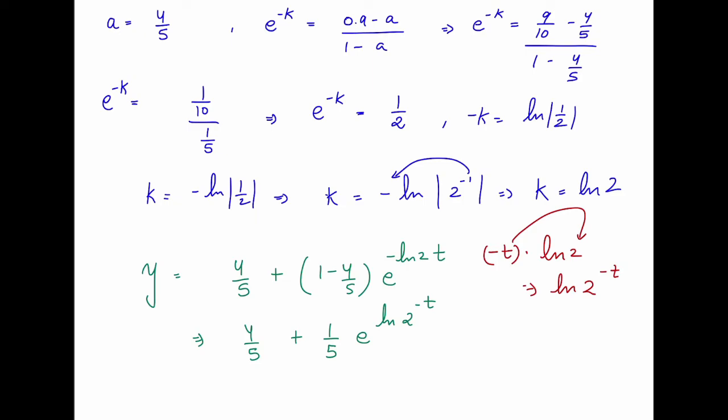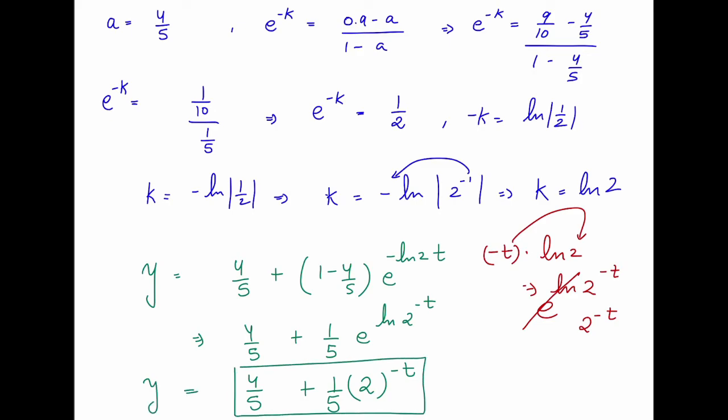So now, e to the power of ln of something is just going to be 2 to the negative t. That's very important. So this simplifies into the final step. This is the solution to our equation in all its glory and as simplified as we can get.